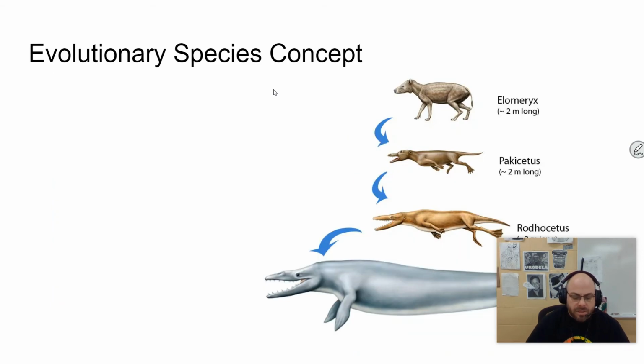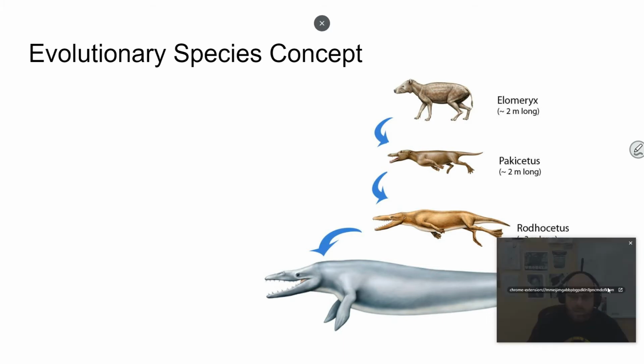All right, so the evolutionary species concept is the idea that there's a single lineage of ancestor-descendant populations, and they maintain this unified identity throughout. The problem with this is it only shows this single line.